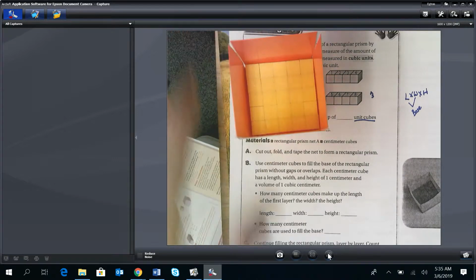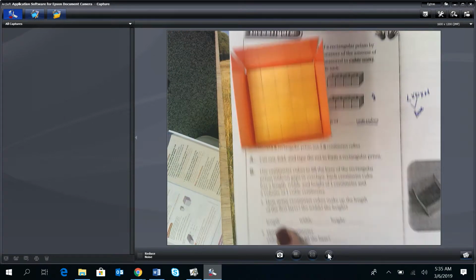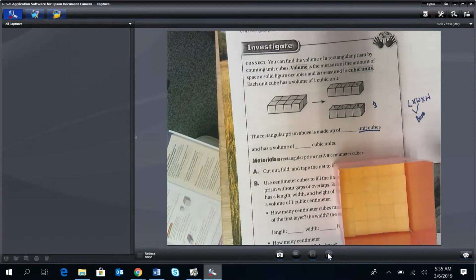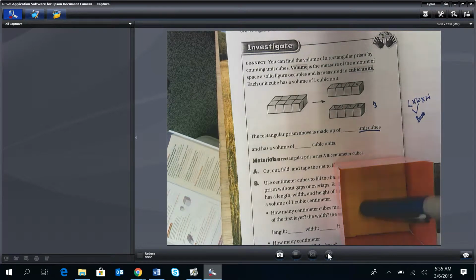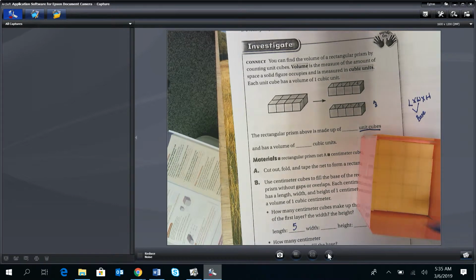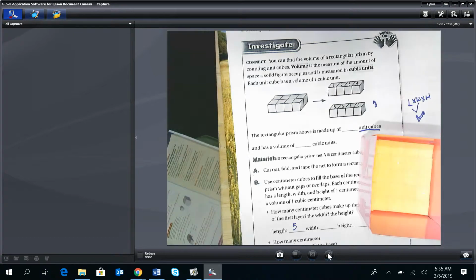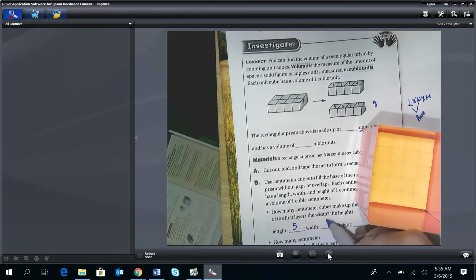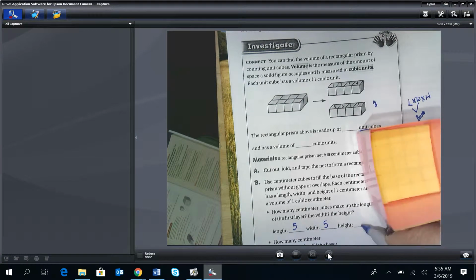So when I filled it, just like you did, the length of it was how many do I have wide? And I have 1, 2, 3, 4, 5. So my length is 5. My width is 1, 2, 3, 4, 5. And my height is 1.